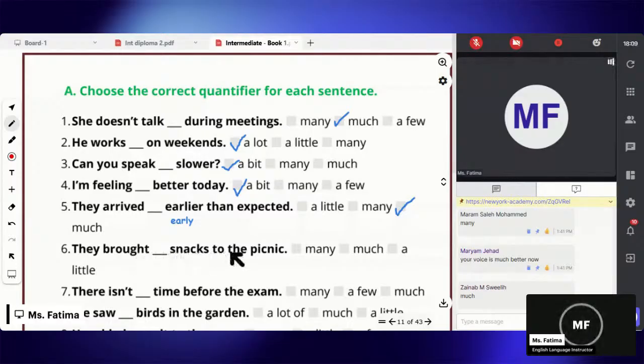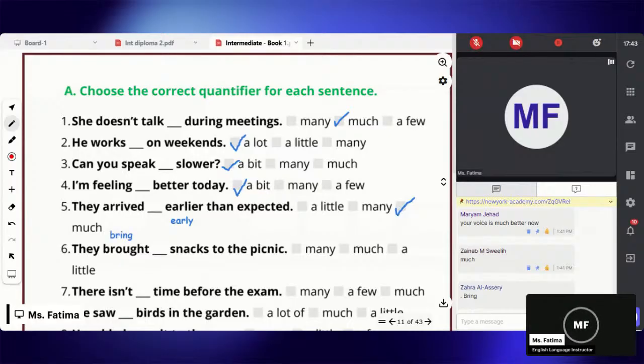So they brought is the past of what? Brought is the past of bring. Cool. Brought is the past of bring.